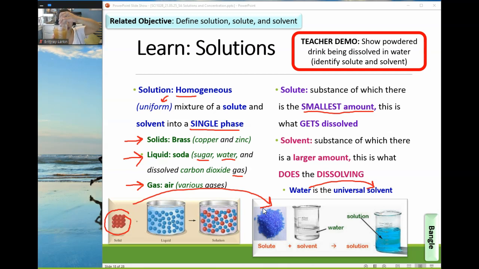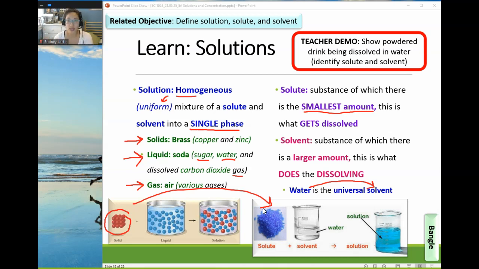So the top will look the same as the bottom, which will look the same as the middle and the sides. That makes it a solution, looking completely uniform in a single phase, in this case liquid overall. Our powdered mix starts out as a solid, our water starts out as a liquid, but once it becomes a solution, it's now a single phase, which in this case is the liquid phase.